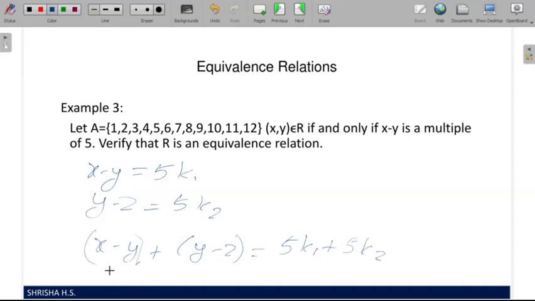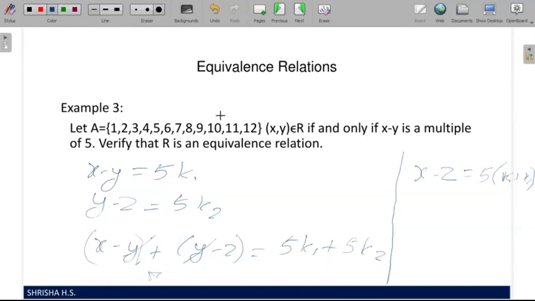By arithmetic we can easily cancel the y terms, so what remains is x minus z. X minus z equals, taking 5 outside, 5 times k1 plus k2. K1 plus k2 is some factor, so x minus z is also a multiple of 5.